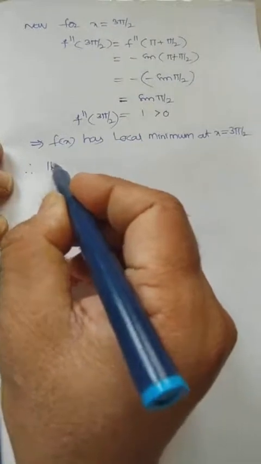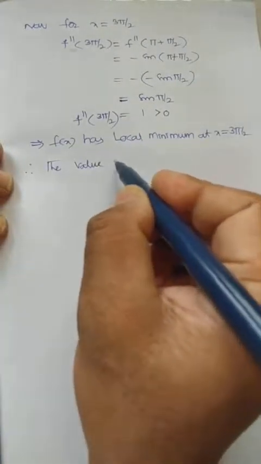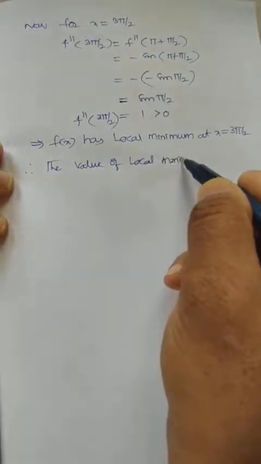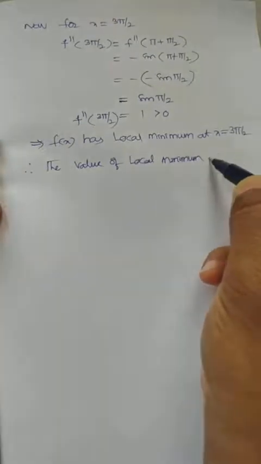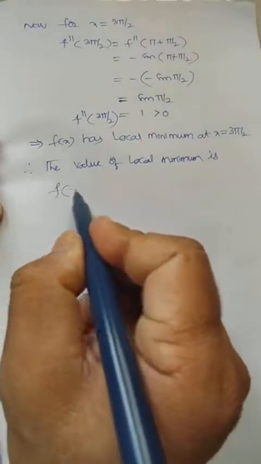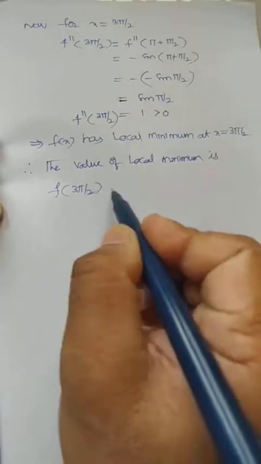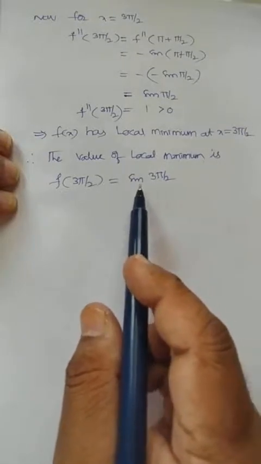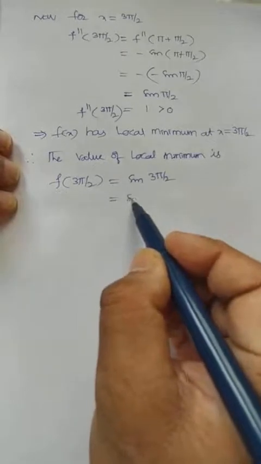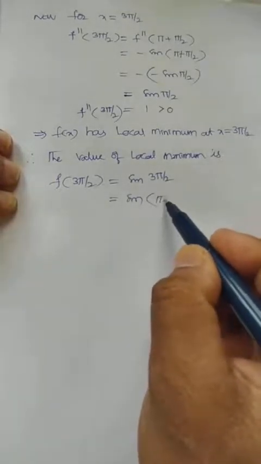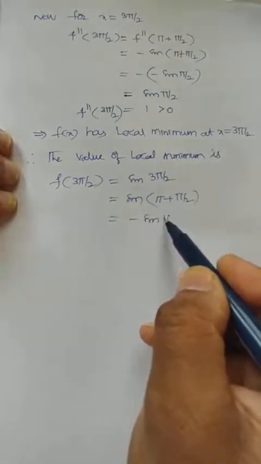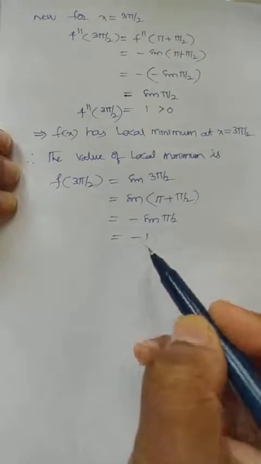Therefore the value of the local minimum is f of 3 pi by 2. What is our function? Sin x. In place of x I am substituting 3 pi by 2, so it is sin 3 pi by 2. As we discussed, 3 pi by 2 can be written as pi plus pi by 2, so it is minus sin pi by 2, which is minus 1.